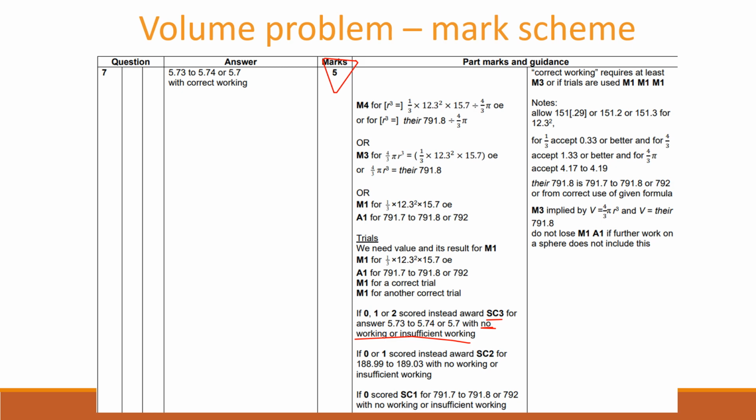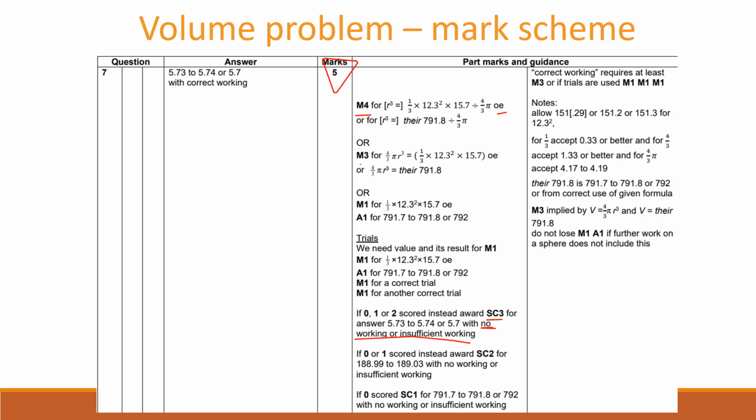For 4 marks, if you had written down the volume was 1/3 times 12.3 squared times 15.7 divided by 4 pi over 3, or equivalent, or if you came down to your r cubed value of 791.8 divided by 4/3 of pi.